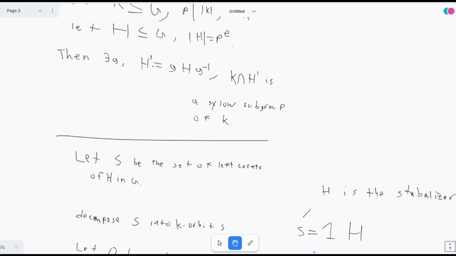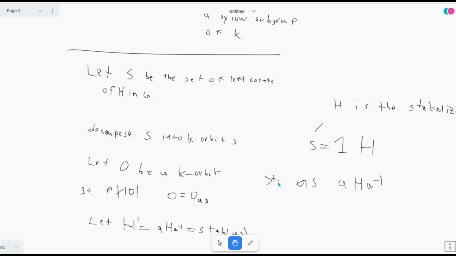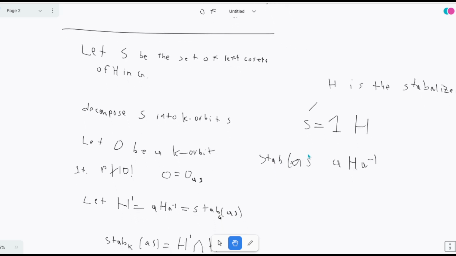And then the stabilizer of A times S will be AHA minus 1. It will be the conjugate of that. And that's where this comes from in the proof.